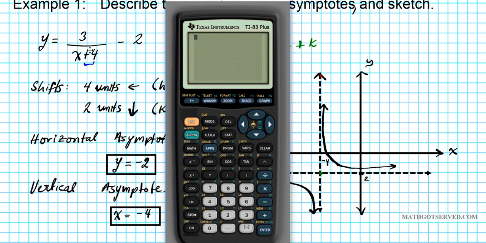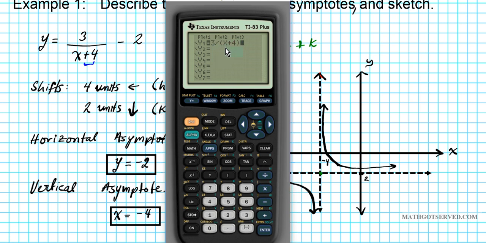To graph this function, you press Y to access the graphing window, and we're going to enter 3 divided by, now this is where you want to be careful. You have a binomial in the denominator, so to communicate that accurately to the calculator, you have to use your grouping symbol. Use parentheses x plus 4, which tells the calculator to group x plus 4 together underneath 3.